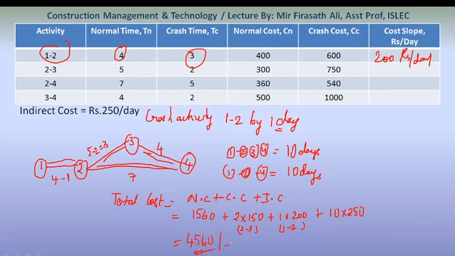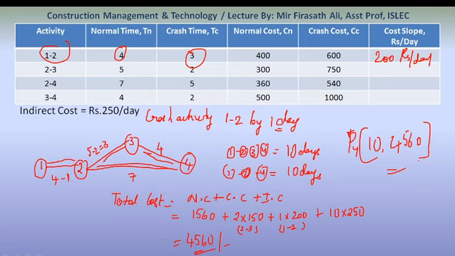4560. So now we have got our point 4. What is our point 4? The project is completing in 10 days. The cost is 4560. We have got our point 4 also.